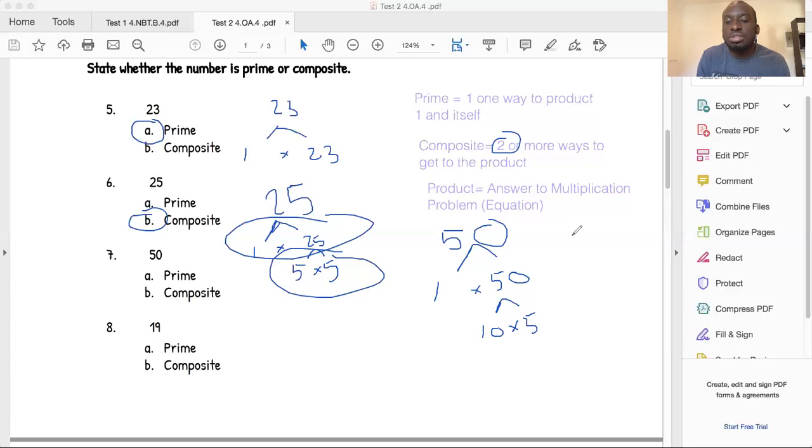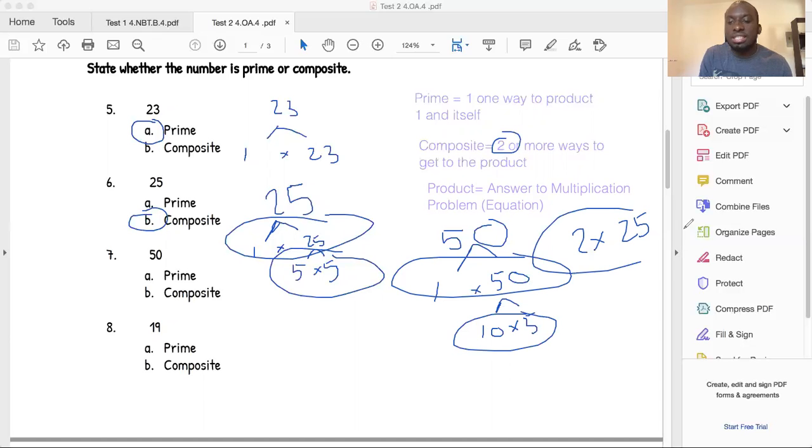I can do 2 times 25, and that will also give me 50. So that's one way, that's two ways, that is three ways. So if it's more than two, it is composite.